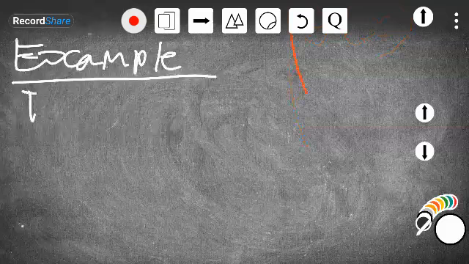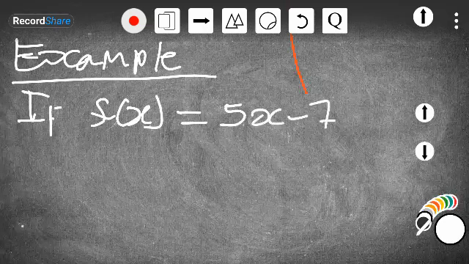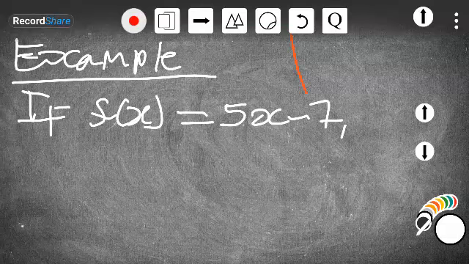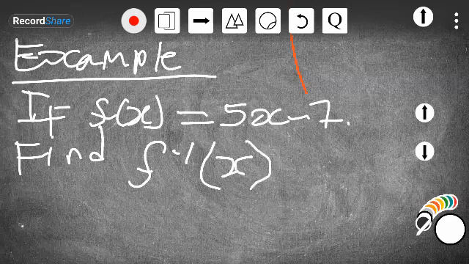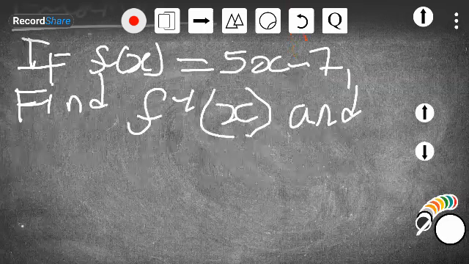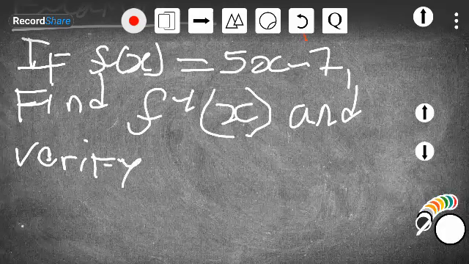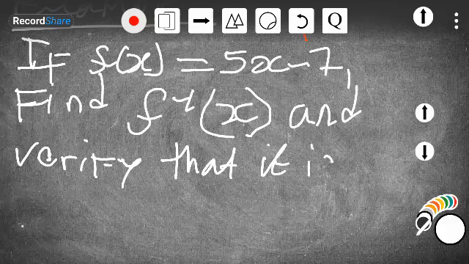Our example says if the function of x is equal to 5x minus 7, then find the inverse function of x and verify that it is so.